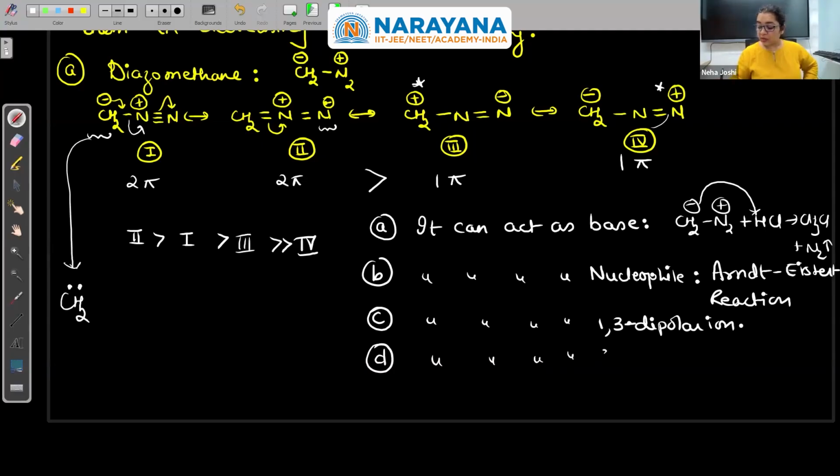It can act as a source of carbene on heating. If you heat it, nitrogen will go away and you can get a carbene. So diazomethane in itself is an entire chapter, and its varied behaviors are explained by all these resonating structures.